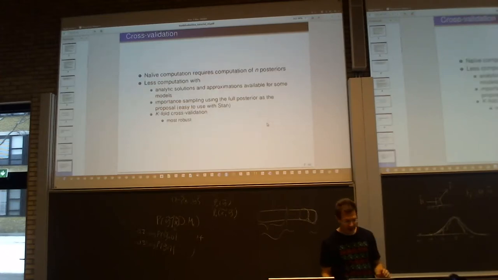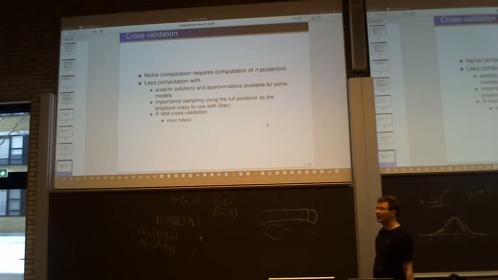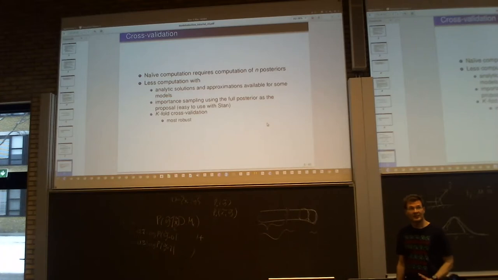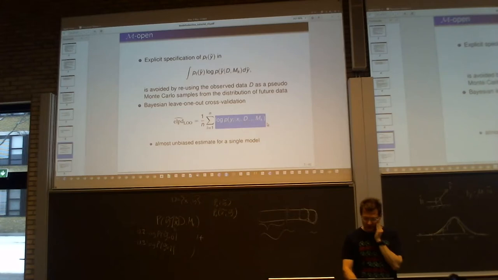So on Thursday, I will continue with the computation, how we can do the computation efficiently. If you look at this one, this requires computation of the posterior distribution n times, where each time leaving just one observation away.